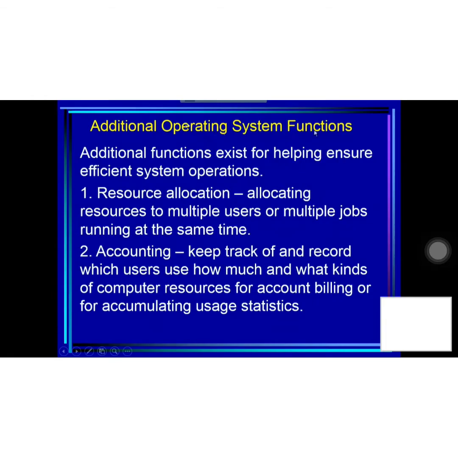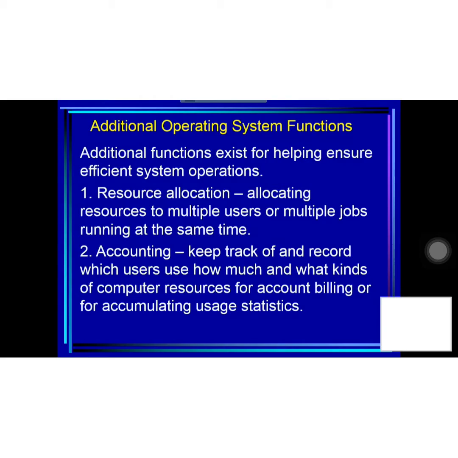Additional operating system functions. First, additional functions exist for helping to ensure efficient system operations. The first is resource allocation. When there are multiple users or multiple jobs running at the same time, resources must be allocated to each of them.